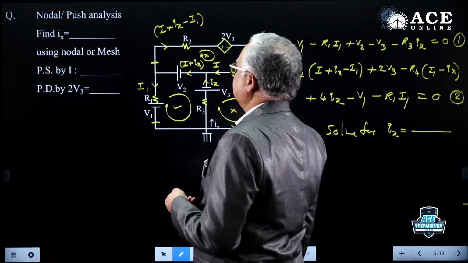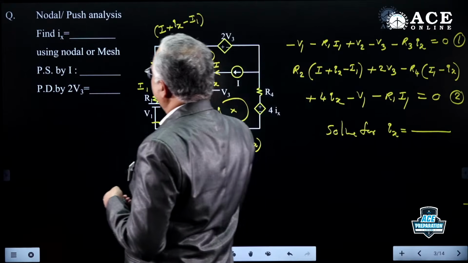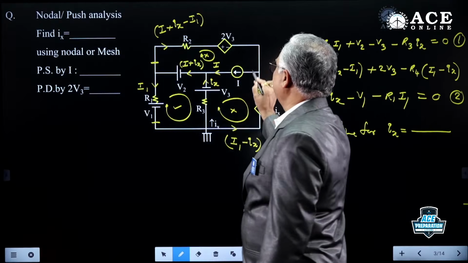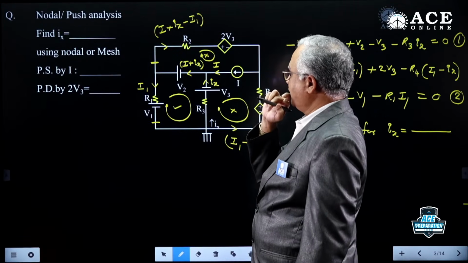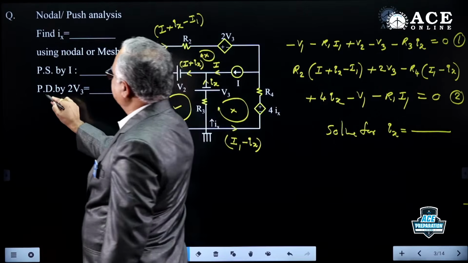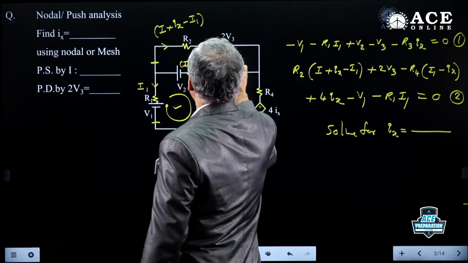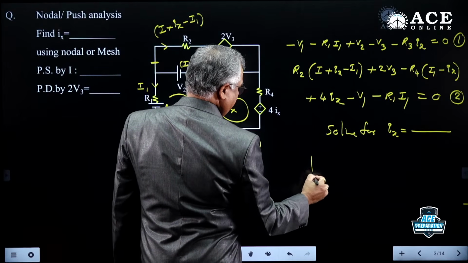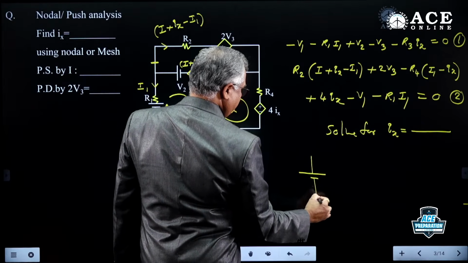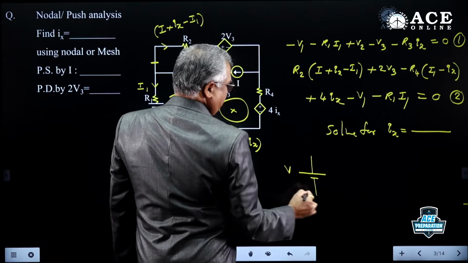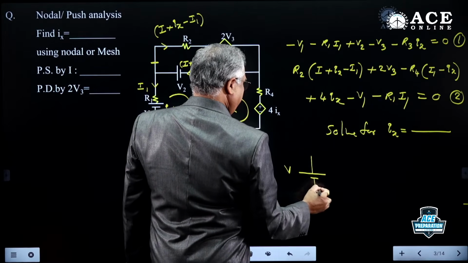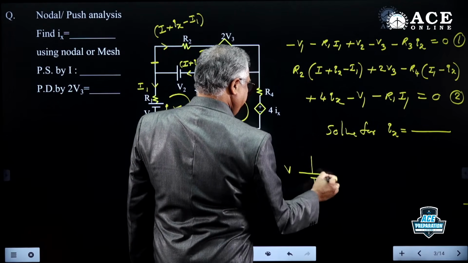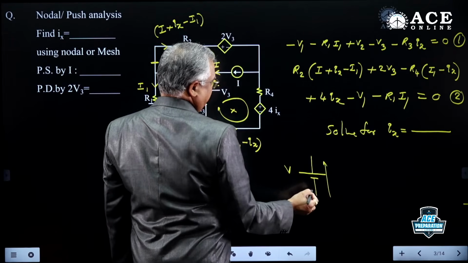Now let us take the next problem. Before that, there is another part: power supplied by the current source, and also power dissipated by 2V3. 2V3 is here. So what is the sign convention here? For example, there is a voltage source V, and current is flowing from negative to positive.